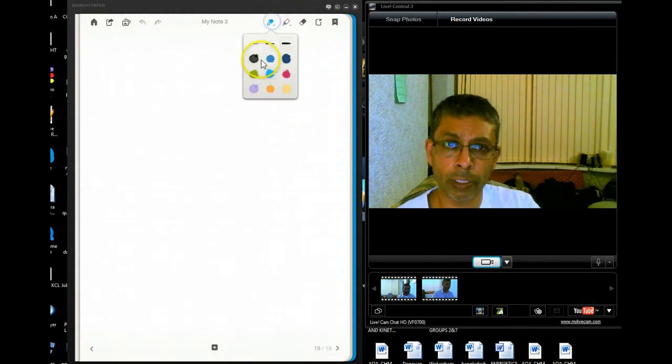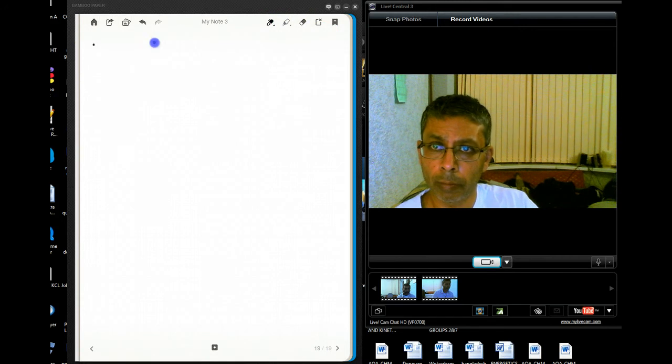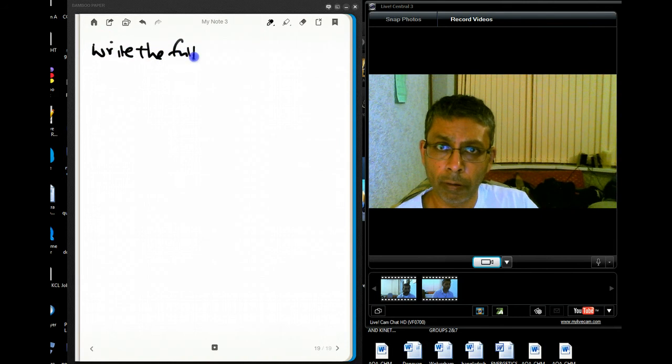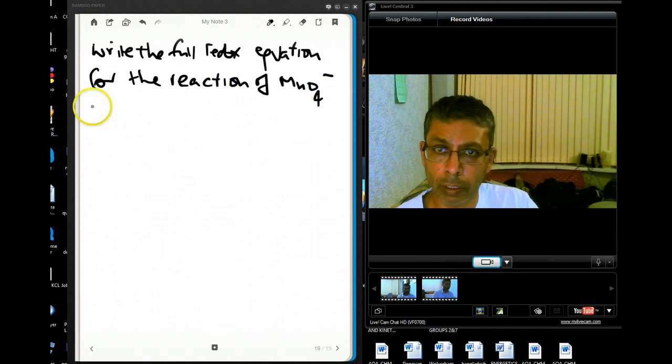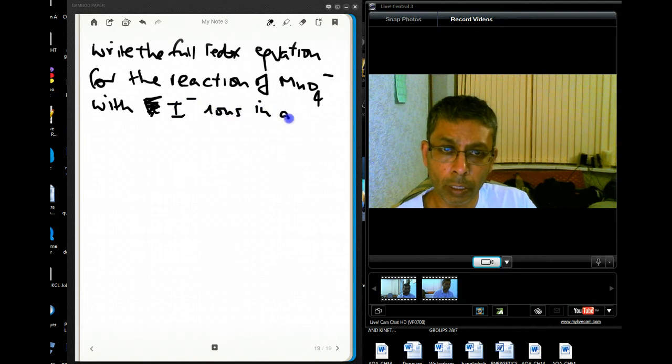Okay, so the question is, write the full redox equation for the reaction of MnO4 minus with iodide ions in acidified solution.